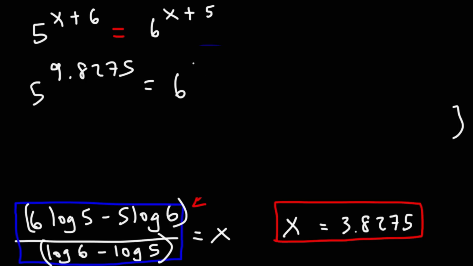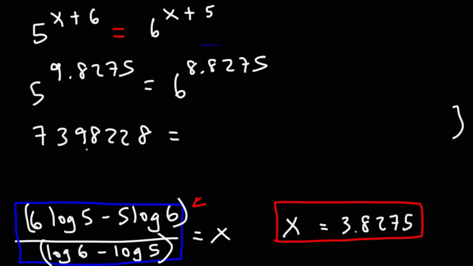So this is going to be 6 raised to the 8.8275. 5 raised to the 9.8275, that's a big number, 7398228. And then 6 raised to the 8.8275, it's 7398270 if you round it to the whole number.